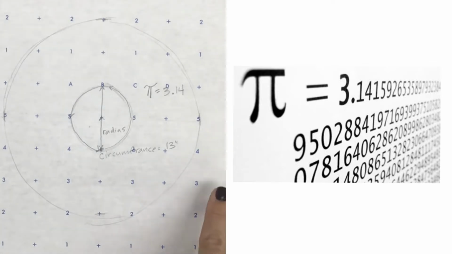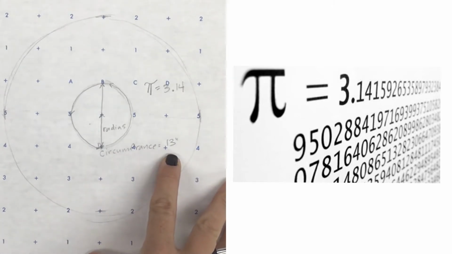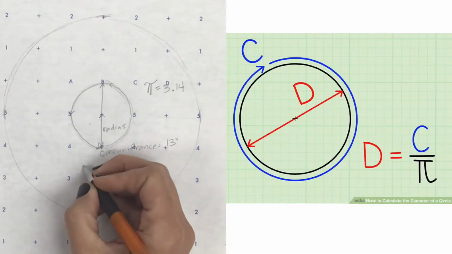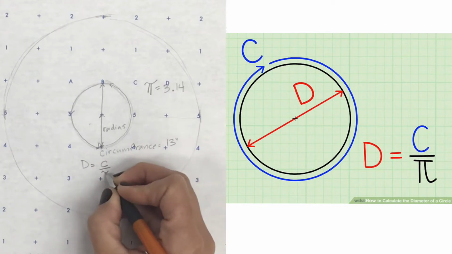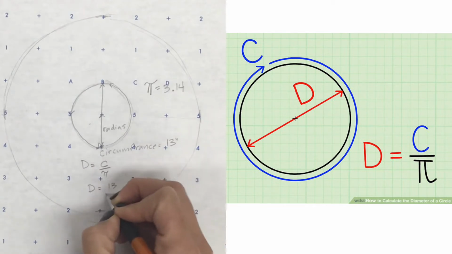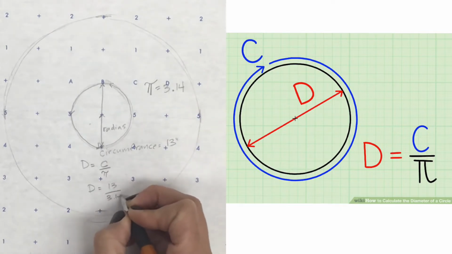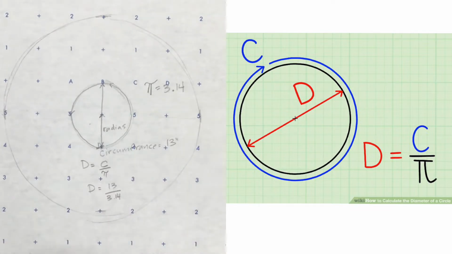But in order to figure out the diameter, if we have the circumference, which we know is 13, the diameter will equal the circumference divided by pi. So the diameter will equal 13 divided by pi, which is approximately 3.14. When I do that math, and you know what? I'm pulling out my calculator.